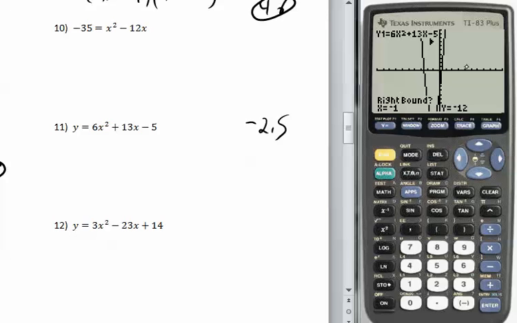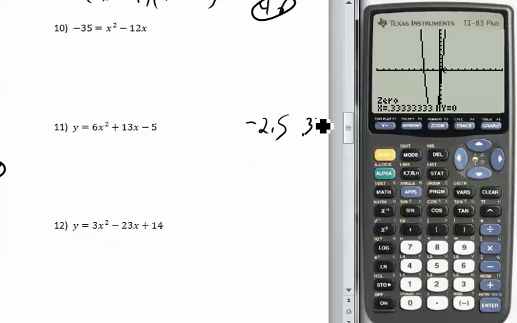And then right bound, something over here. So I'm just going to do 10. And it's going to tell me that it's 0.333333, which we know is 1/3. Those are my two zeros, and you could just do that.